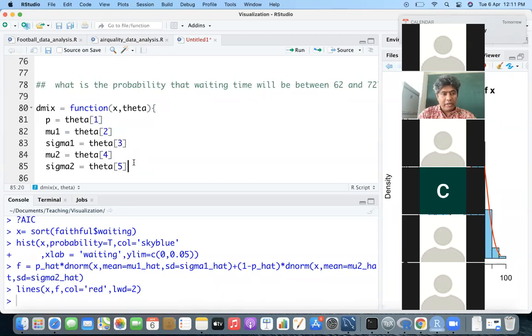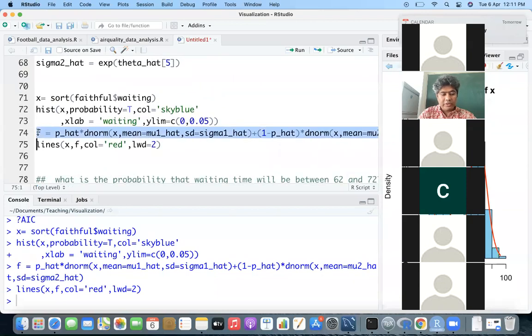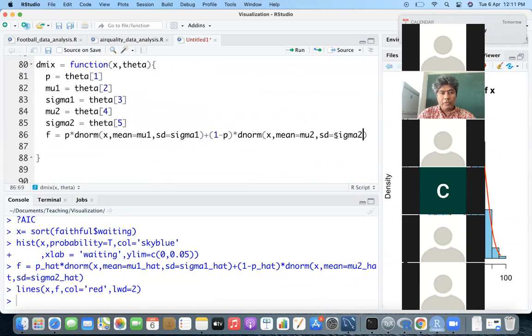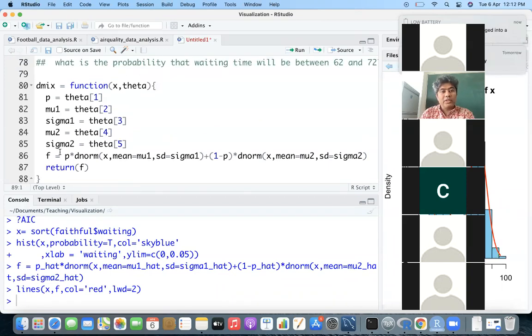I'm going to estimate P1, mu1, sigma 1, mu2, and sigma 2, and then I'm going to return F. So basically, if I give a value of x and the value of parameters, it will give me the density evaluated at x.